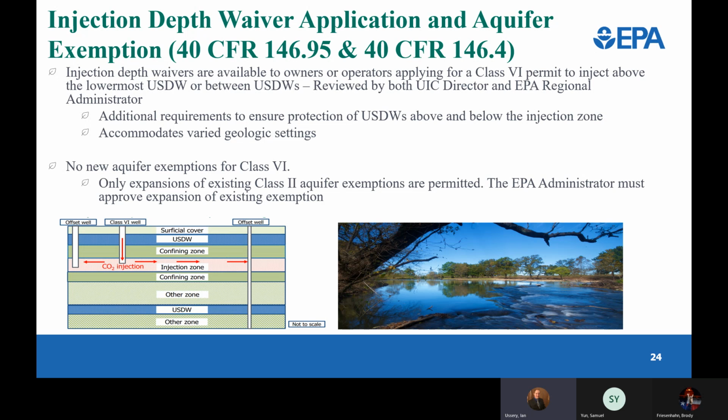If the owner-operator is seeking an aquifer exemption expansion, they must define the areal limits of the expanded aquifer exemption per 40 CFR 144.7 and submit information to support a determination that the proposed Class 6 aquifer exemption meets the criteria of 40 CFR 146.4.